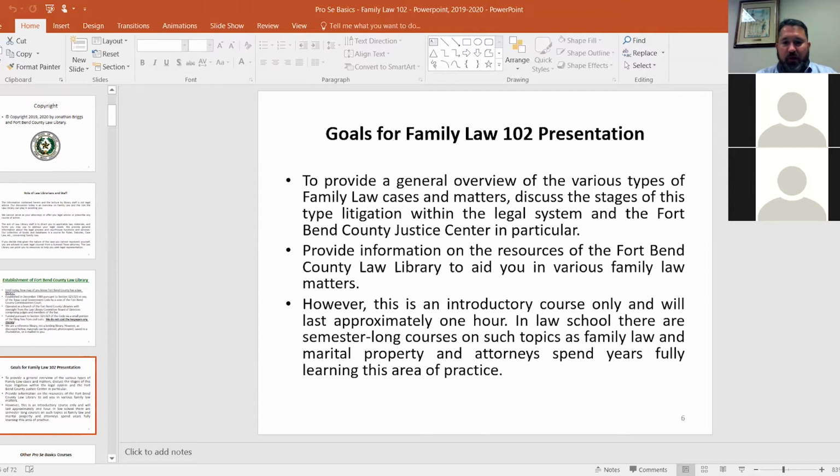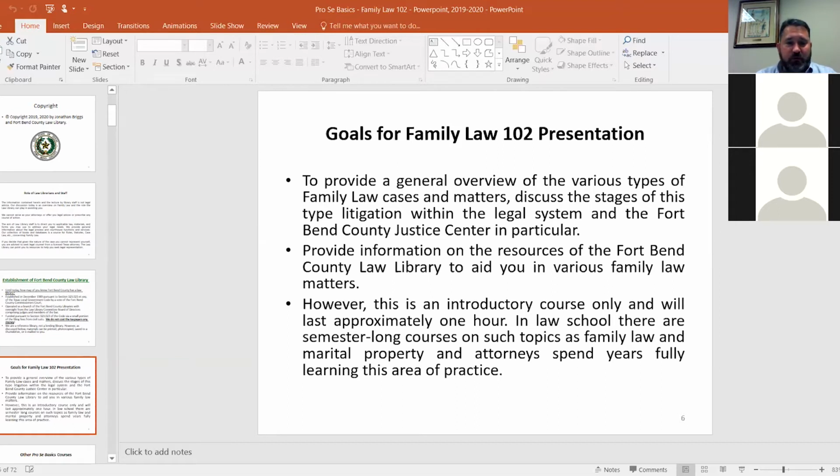We're working on a reopening process for the whole library system as far as the general public, but that's in the works. It doesn't mean we can't help you. We can help via email, we can help via phone. And if you come to the Justice Center here and you're out in the hallway, we'll come out in the hallway and help you as best we can.